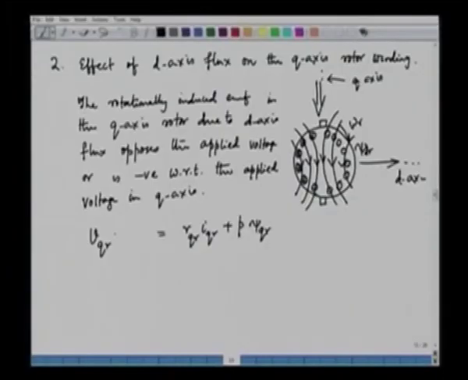So we can say this is minus omega r psi dr. If you simplify this equation, we can say that VQR is equal to RQR IQR plus P psi QR plus omega r psi dr. So we have no ambiguity right now. We have applied the convention that we have set at the very beginning, and as per the convention, in the q axis it is plus omega r psi dr, in the d axis it is minus omega r psi QR.